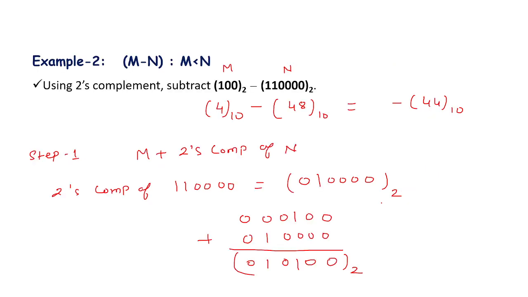So this is the case when m is less than n. What did we do in the second case? First we took the 2's complement of n, then we added the number with m, and we got some sum result. In this sum result, carry is not generated. Therefore, we need to take the 2's complement of this sum and place the negative sign in front of it, because our result will be negative.